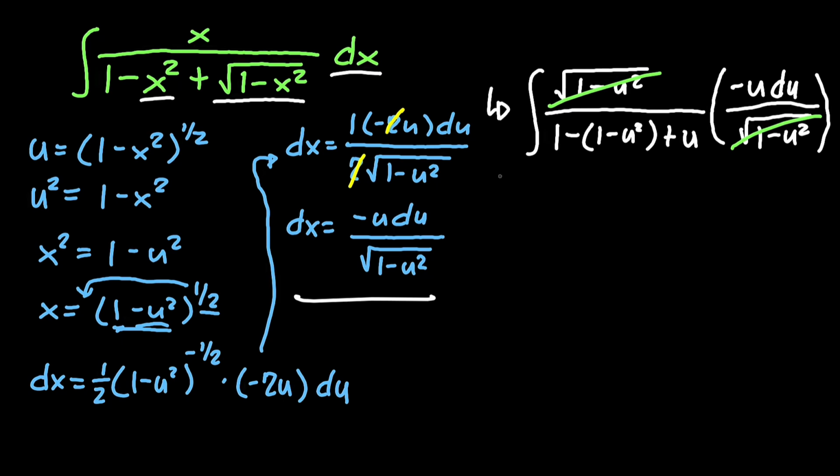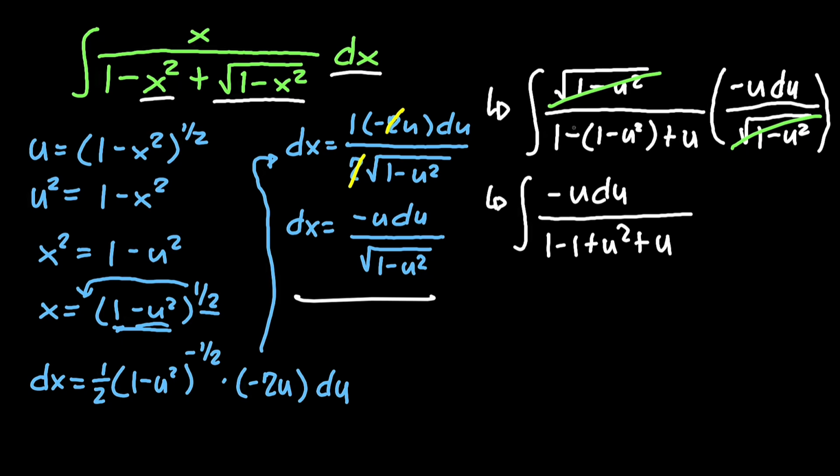And so, it would become the integral of negative u du over 1 minus 1 plus u squared plus u, because you distribute negative to this, so it will become positive u squared.